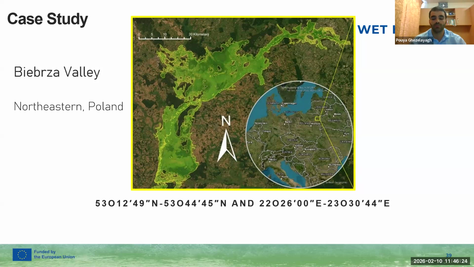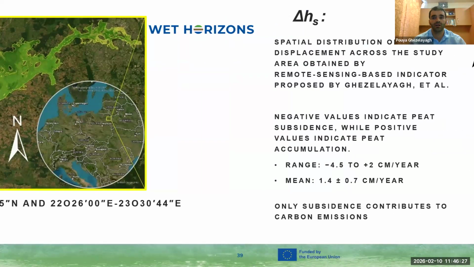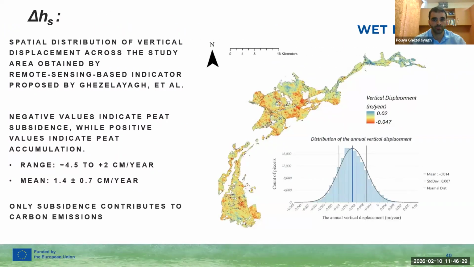By implementing this framework, first we generated this map, which shows the vertical displacement of our case study. And as you can see, we detected almost a 1.5 centimeter subsidence. Beaver Valley is experiencing a 1.5 centimeter subsidence, sadly.